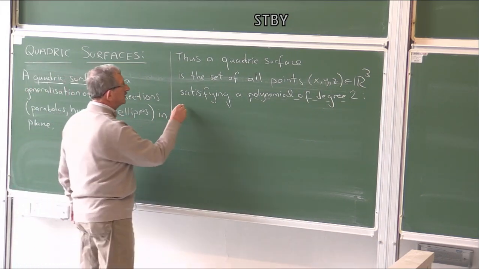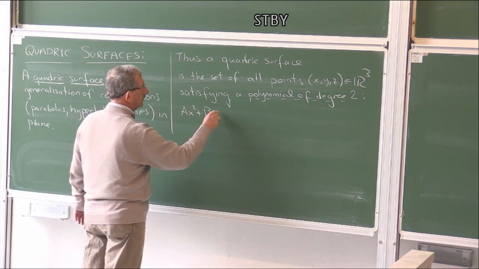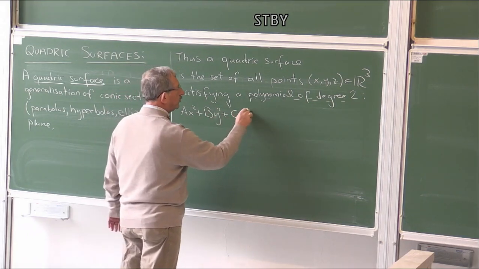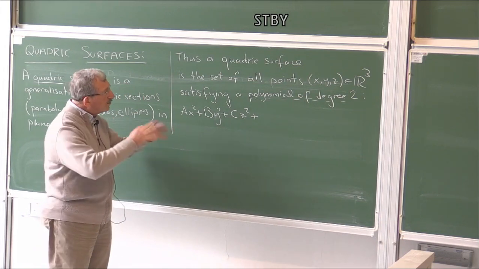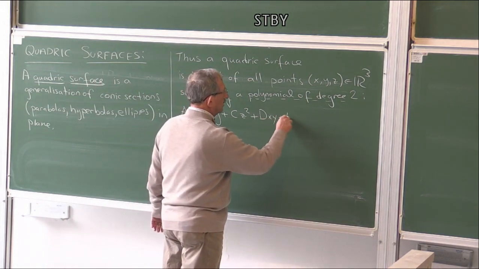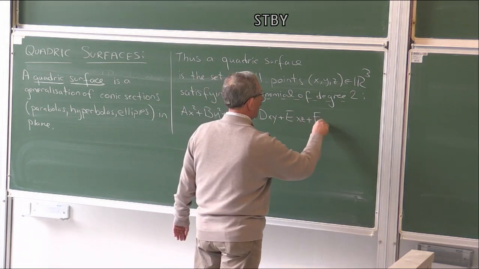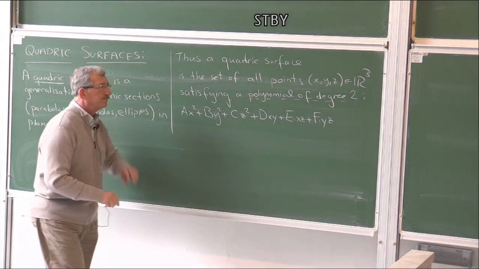So, it is like ax squared, by squared, cz squared. So these are the square terms. Then the product terms, dxy, exz, fyz. These are all multiplied by coefficients.